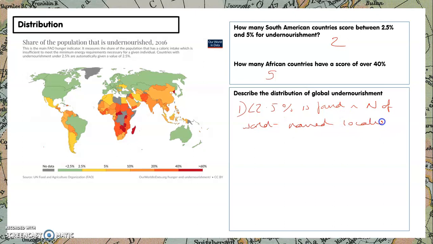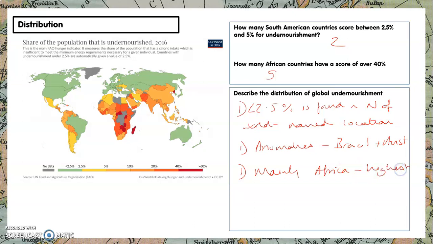Naming locations is massively important. 1 mark if you'd put anomalies, such as Brazil and Australia. Just going to keep that one in there. 1 mark, mainly Africa. And again, you would need to put a use of the data in here.